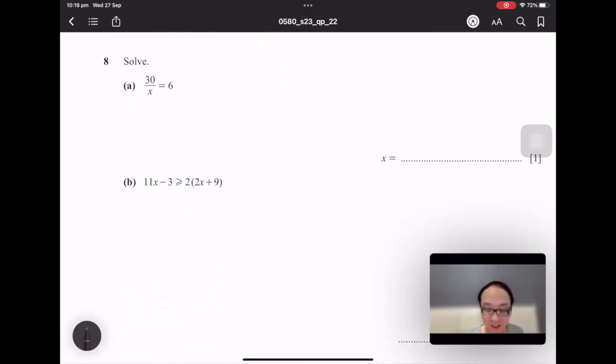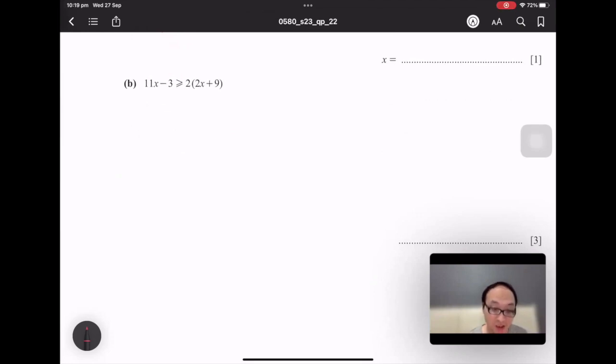Number 8. Solve 30 over x equals 6. We can just cross multiply: 30 equals 6x, so x equals 5. And for the inequality, we can expand. Greater than, this is 4x, and this is 18.